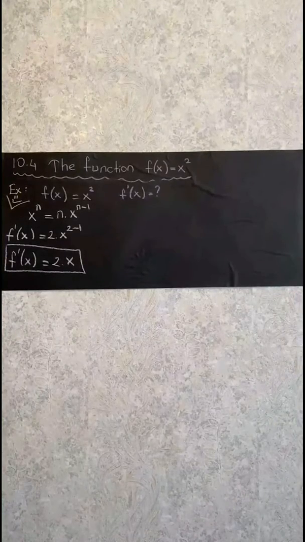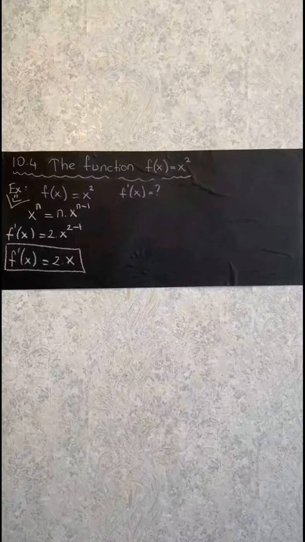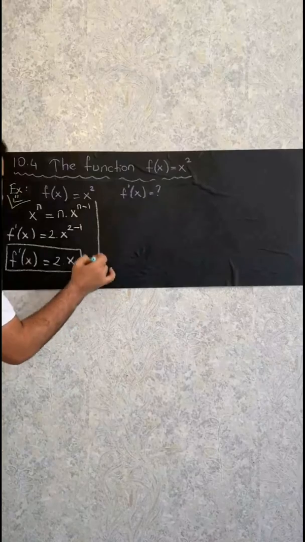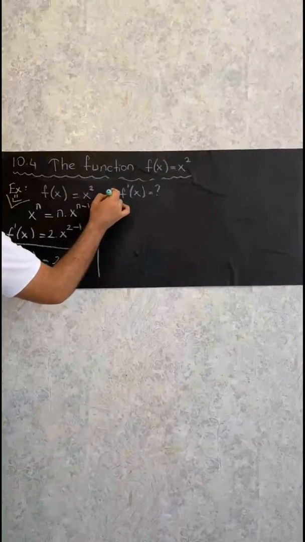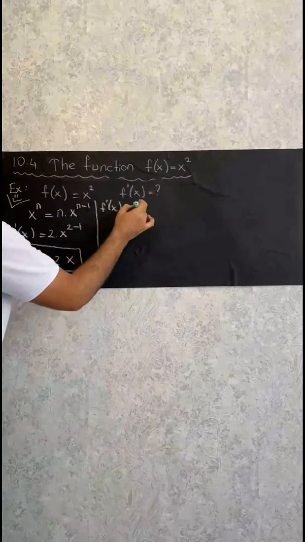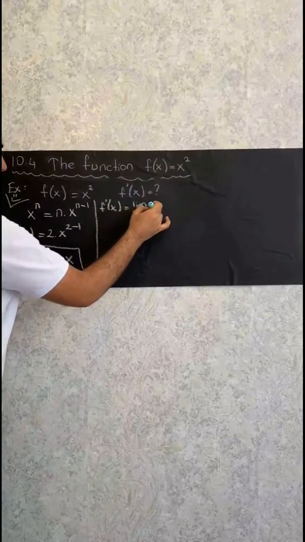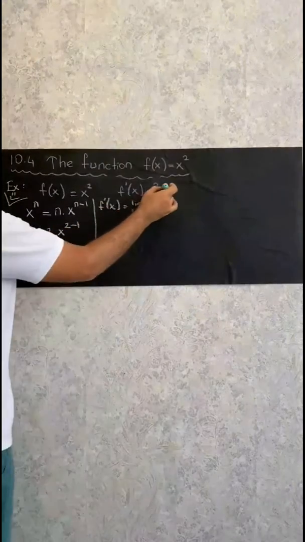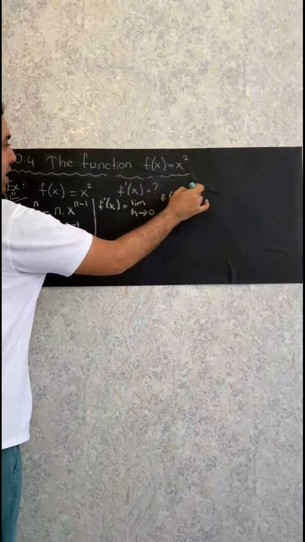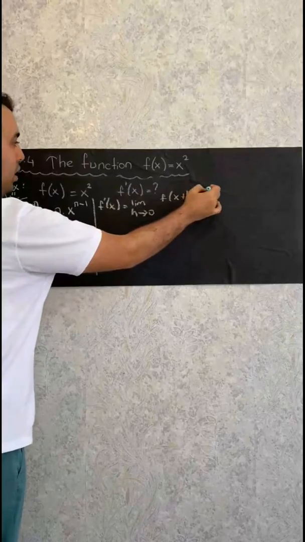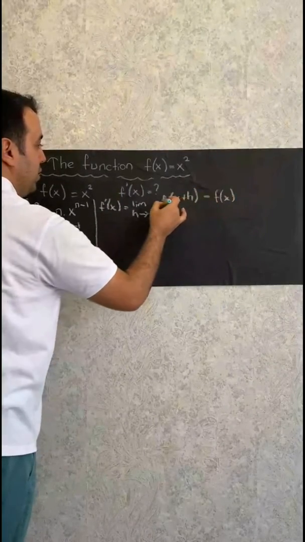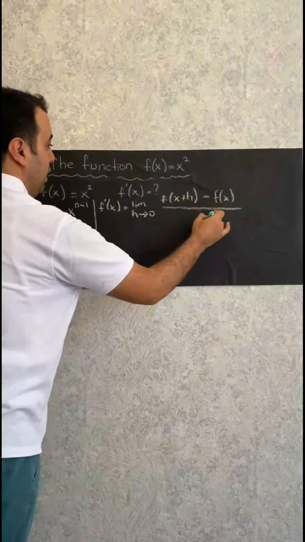Another way, the limit rule: f prime of x equals the limit as h approaches 0 of f of x plus h, minus f of x, over h.